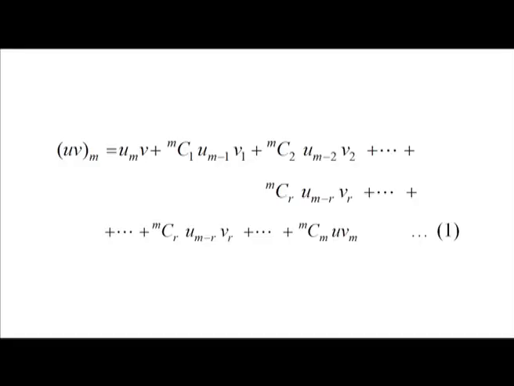Step 2. As induction argument, assume the result is true for n equal to m. That is, assume that the mth derivative of uv be given by uvm equal to umv plus mc1 um minus 1 v1 plus mc2 um minus 2 v2 plus etc. plus mcr um minus r vr plus etc. plus mcm uvm.